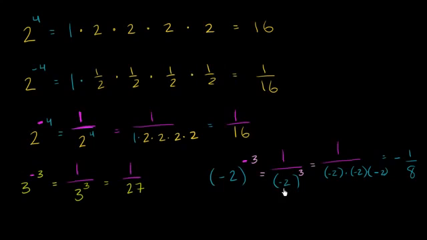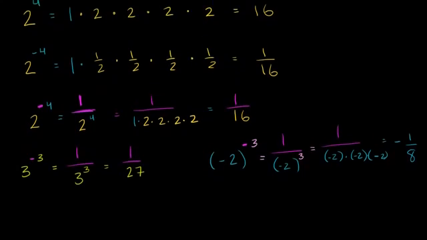Let's do one more example, just in an attempt to confuse ourselves. I don't know, let's take 5/8 and raise this to the negative 2 power. So once again, I've got a fraction, and there is a negative here. Remember, this just means 1 over 5/8 to the second power.